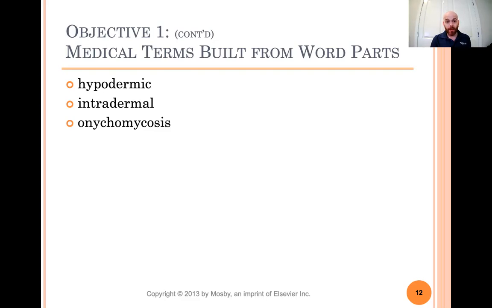Myc meant fungus. And osis means abnormal condition or pertaining to. It can mean either one. So this means abnormal condition of the nail with fungus, or in layman's terms, onkomycosis just means fungus of the nail or nail fungus.